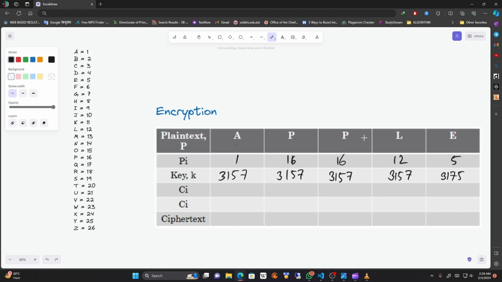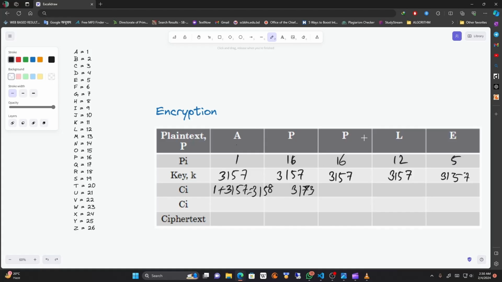Now how will we get our ciphertext index value? We just need to add the plain text and key value, which is 3157 plus 1, equal to 3158.